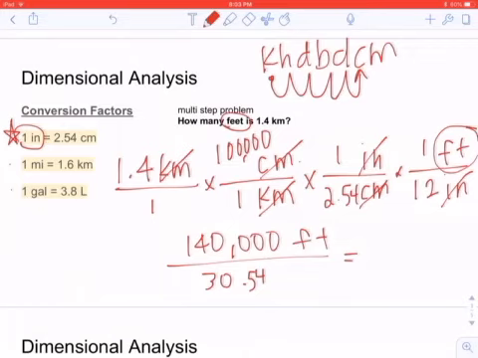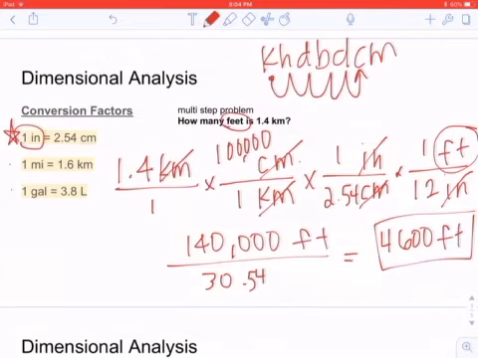So then I take 140,000 divided by 30.54, and that's going to give me 4,584. Now I'm rounding to the correct number of significant figures. That'll give me 4,600 feet.